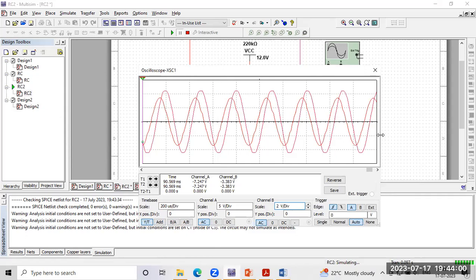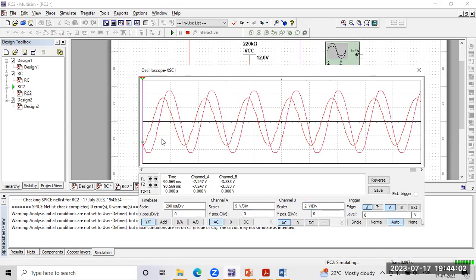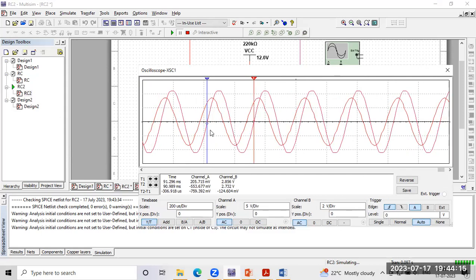First, take any one full waveform here, from here to here. Measure one full box in horizontal. Each individual step is equal to 0.2.